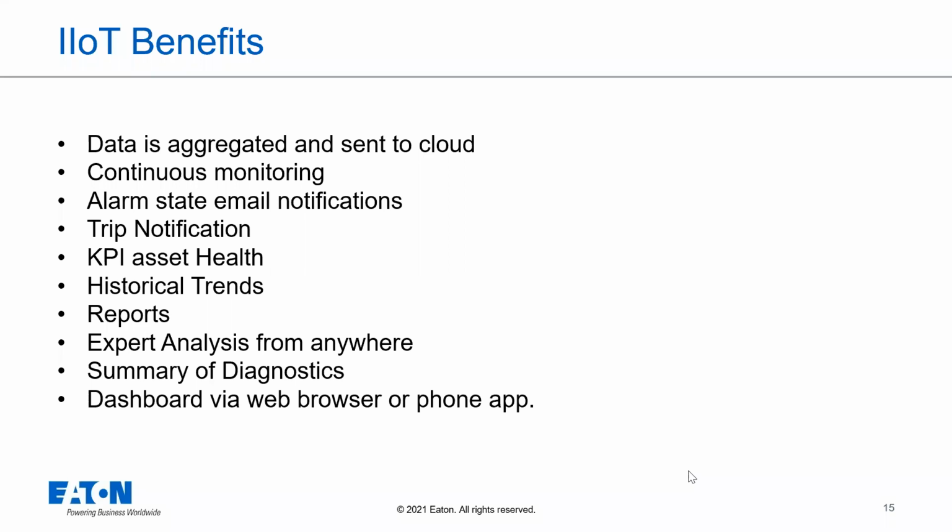And something that's really important is the fact that you have alarm state email notifications. So think about that. You have this dashboard, right? And you don't look at it every day. You can't possibly look at it every day because you're not an operator in a situation where you're always looking at a screen, right?